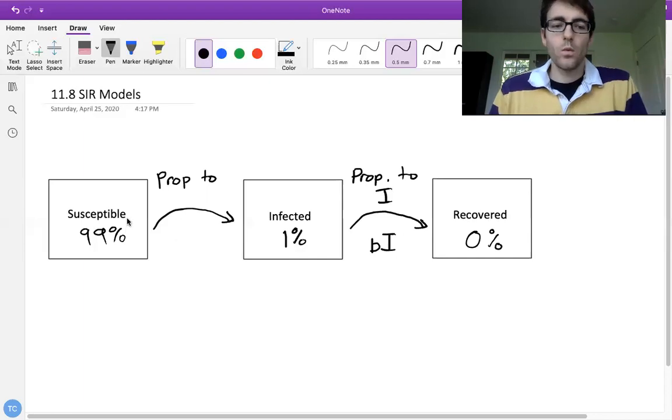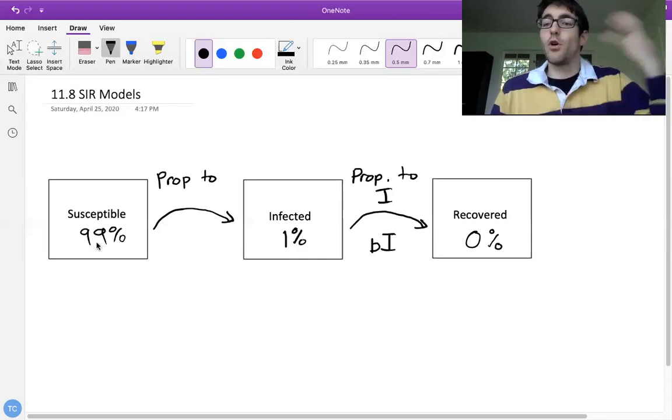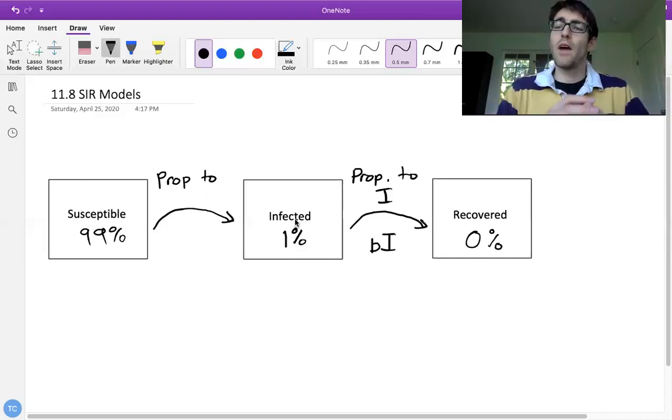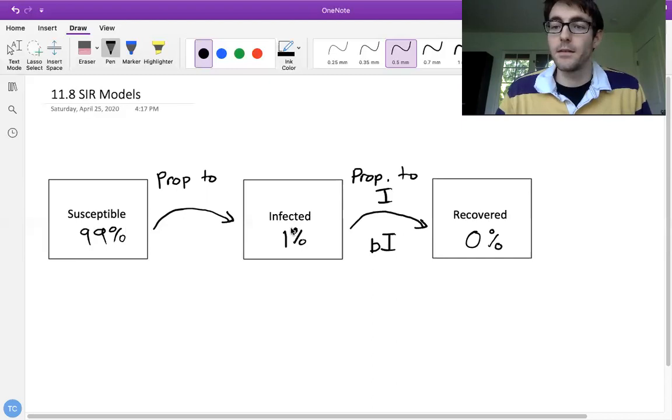So the idea is that when this percentage is so big, the rate of increase, or the rate of spread of this virus, of whatever this disease is, should be proportional to how many people are currently infected. So this is going to look like, so proportional to infected.